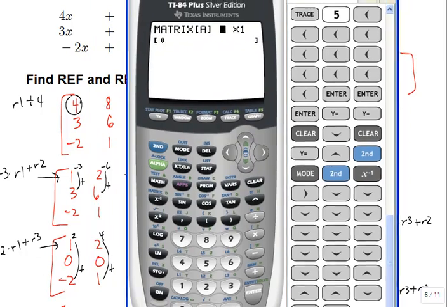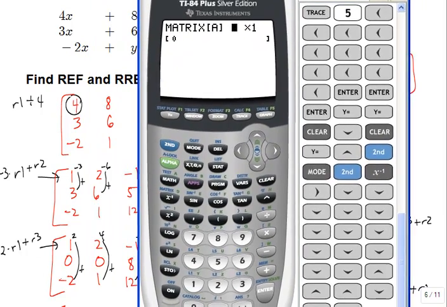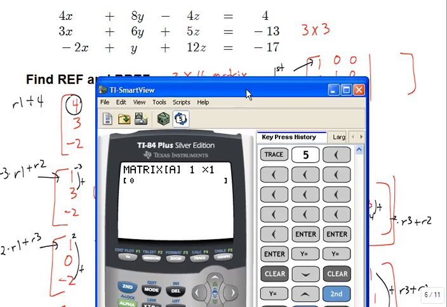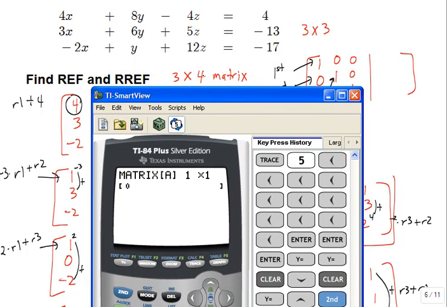So what we want to do here is remember that the matrix we want to type in was a 3 by 4 matrix. We're going to have 3 rows, 1 for each equation, but we need 4 columns, 1 for the x's, 1 for the y's, 1 for the z's, and 1 for the constants.